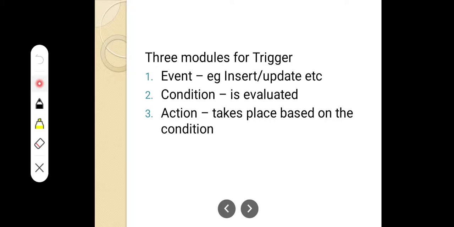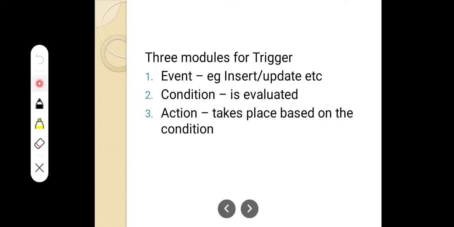That event can be an insert operation or an update operation or a delete operation or something else. That is the event. Then we provide the condition. The event must have happened due to this condition. Okay, that condition is evaluated. If the condition is true, we will take the action.